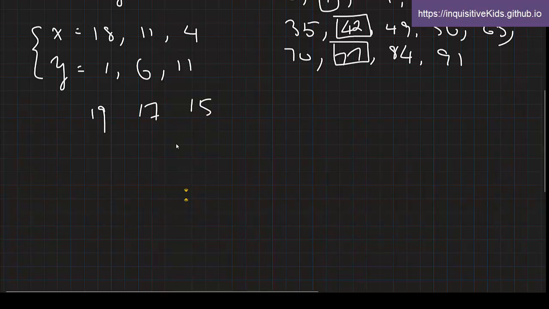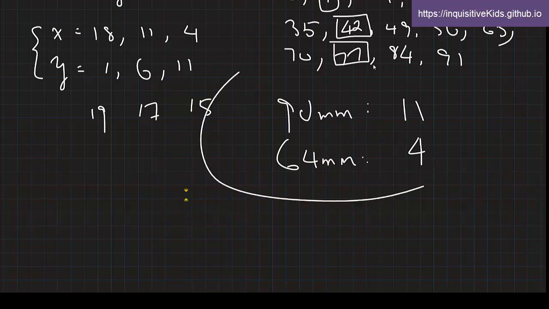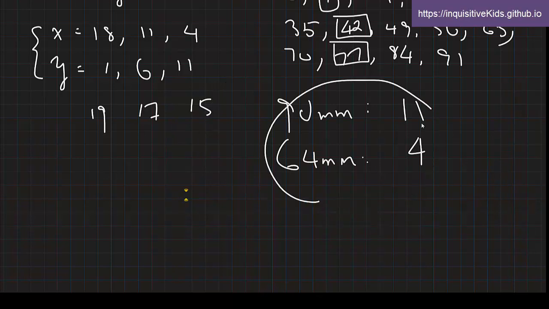So our final answer would be that the amount of 90 millimeter pieces and 64 millimeter pieces are going to be equal to 11 and 4. Okay, so this is my final answer, but of course, again, I'm just being lazy.